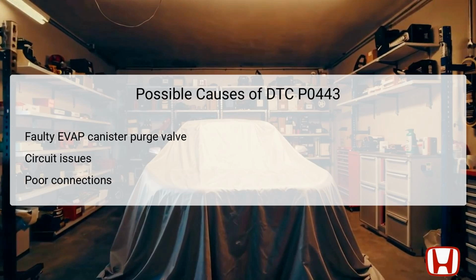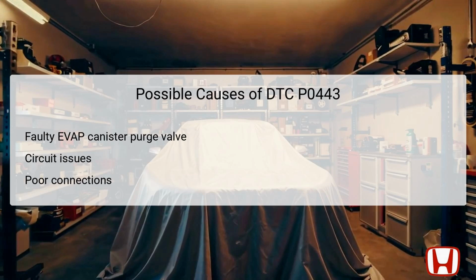Likely causes for the DTC P0443 include a faulty EVAP canister purge valve, which may be either stuck open or closed, leading to improper vapor management. Circuit issues could also be a significant contributor. Wiring shorts or breaks may be disrupting communication between the purge valve and the engine control module, ECM.